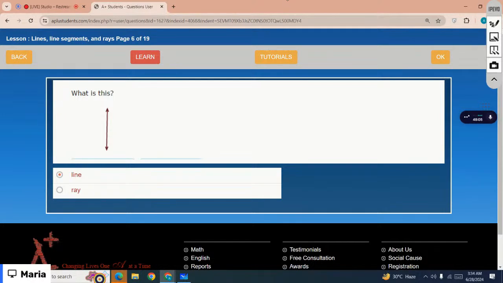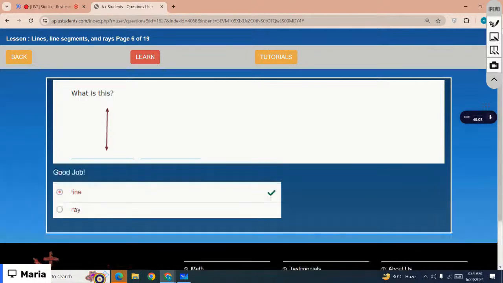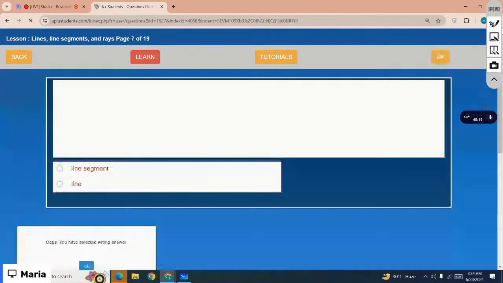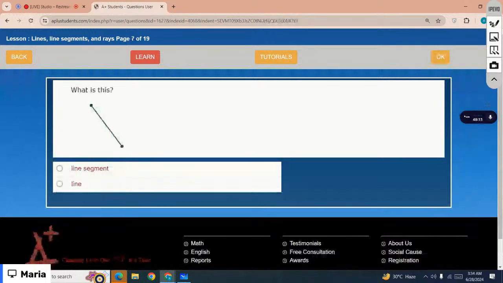Line it is. Option number one is the correct option. What is this, line segment or line? Which is the correct option? Line it is. Option number one is the correct option.